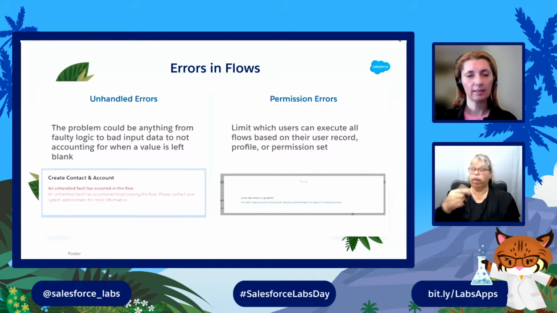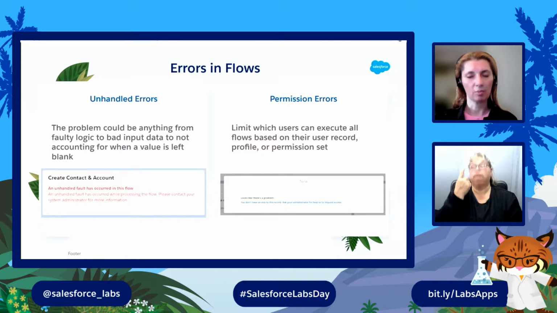The email is sent to either the admin who last modified the flow that just ran and had an error, or the Apex exception email recipient. So flow error emails are a really important resource for debugging. They give you the specifics related to the flow problem, and they're extremely helpful with all the information during troubleshooting.